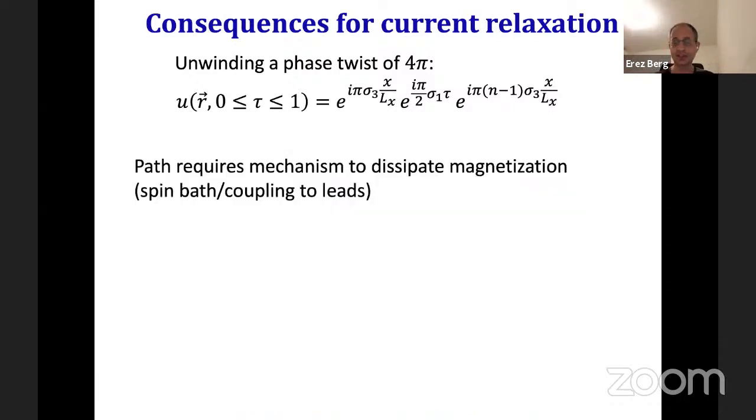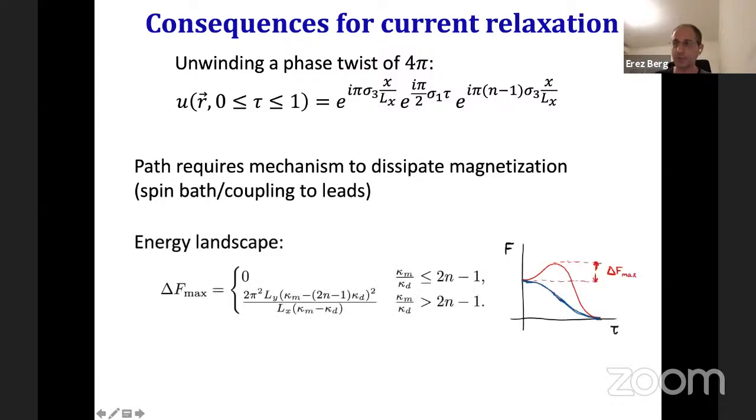So let's assume the system is coupled to some kind of spin bath. This can be either some kind of impurities or just the boundaries of the system. If the system is connected to metallic leads, for instance, there's some way to dissipate magnetization. So that's our assumption. But once we can do that, there is this kind of path that allows us to relax the phase twist continuously.